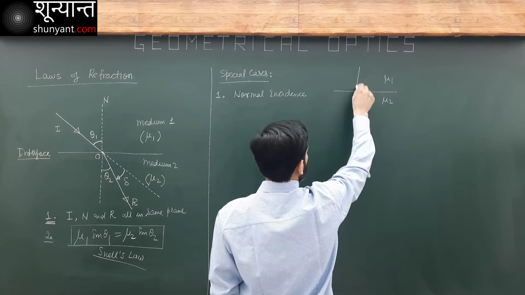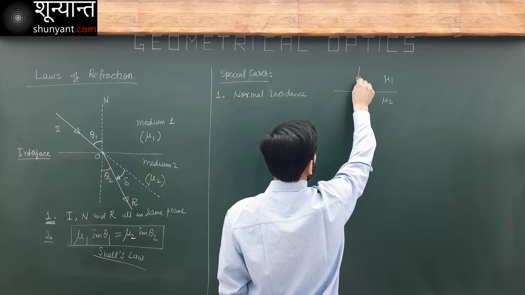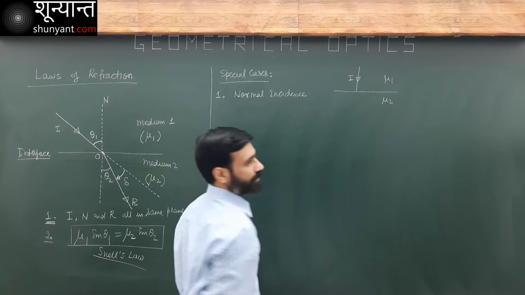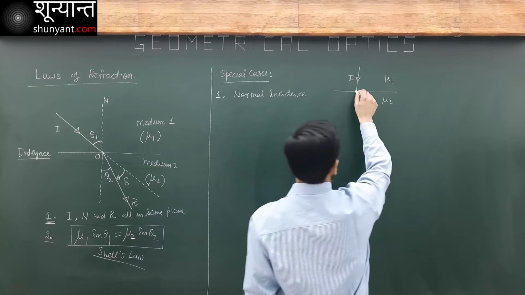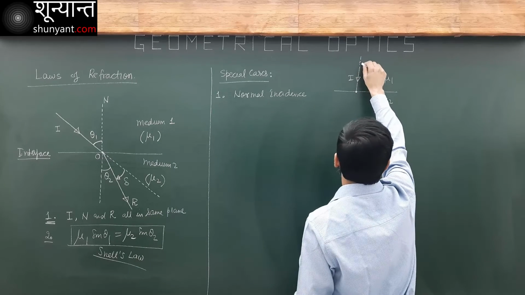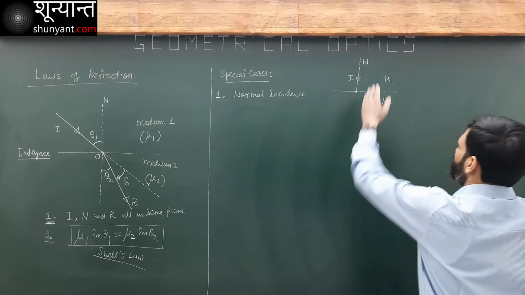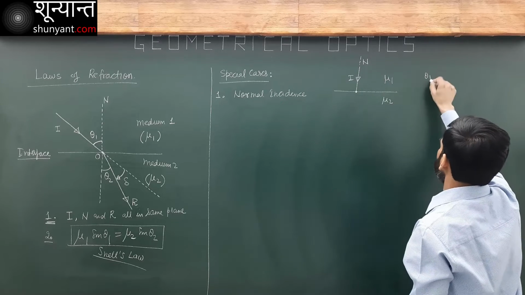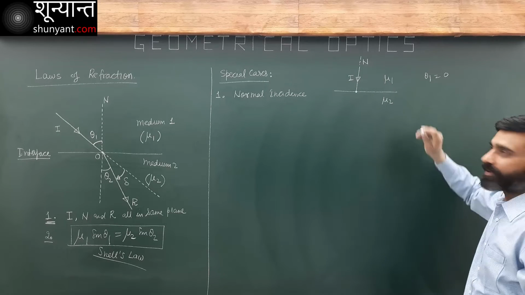Light is incident normally on the interface here. This is my incident light. It is along the normal. Point of incidence, if I drop a normal, then incident light is along the normal. What will be theta 1? Theta 1 is 0.